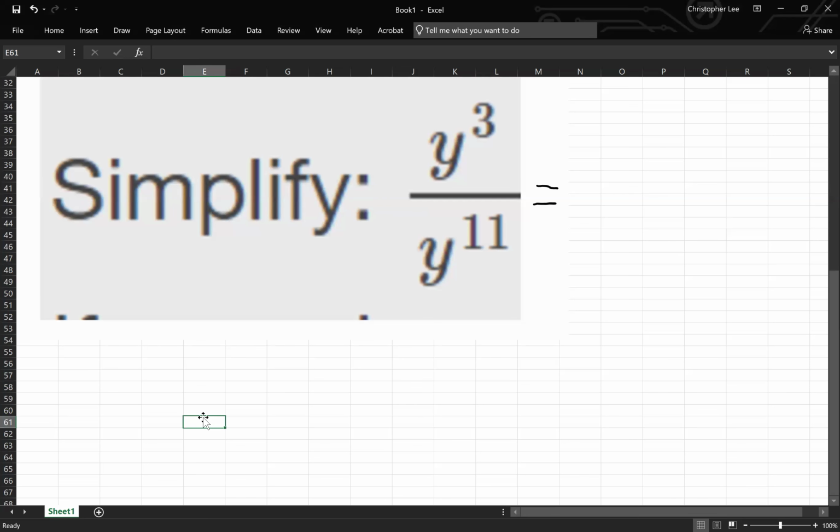I want to simplify y to the third over y to the 11th. How do I do this? It's okay. You can unmute yourself and say it. No problem. Anybody?